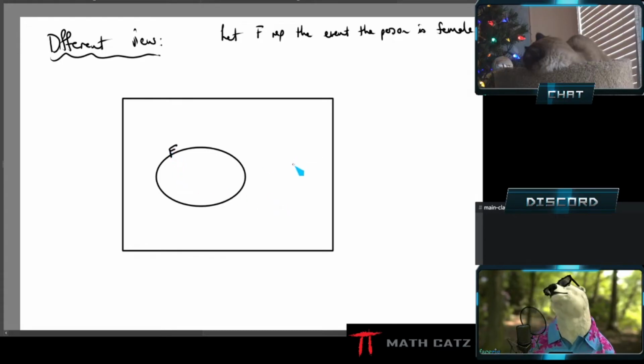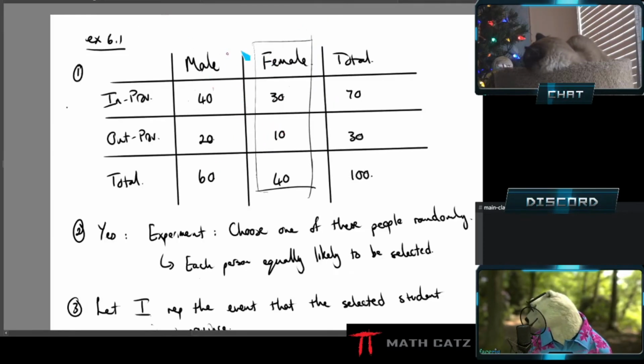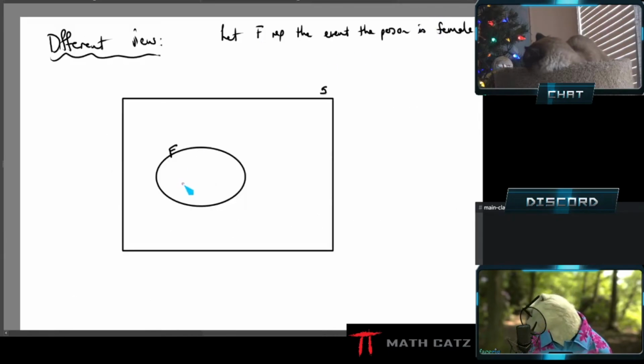I don't need a circle for male as well, because this is the sample space. The outside will then be the other option based on this question, male or female. So by having one circle for female, all the females are inside and all the males are outside.